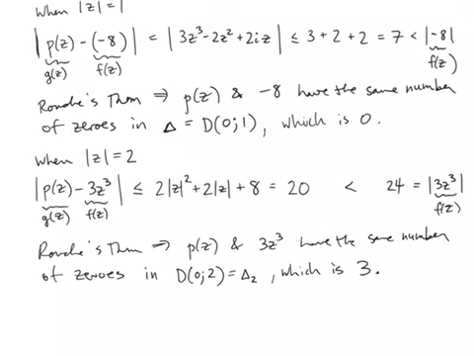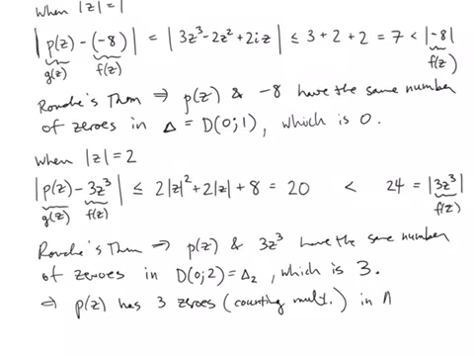Okay, so our p of z has 3 zeros in the disk of radius 2, but it has no zeros in the disk of radius 1. So this implies that p of z has 3 zeros, counting multiplicity, you could have double zeros, in the annulus around 0 of inner radius 1 and outer radius 2.